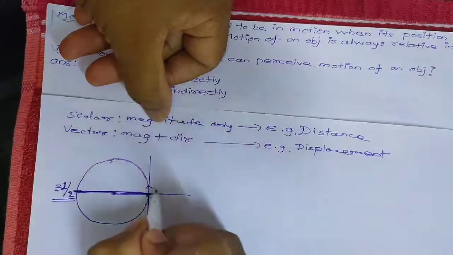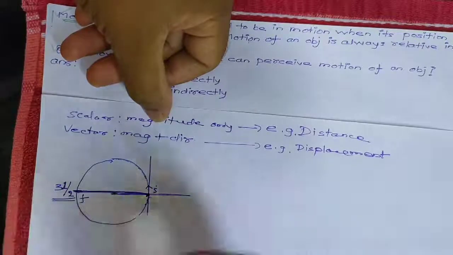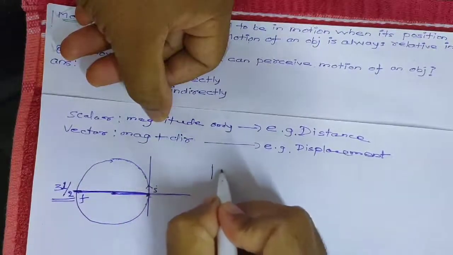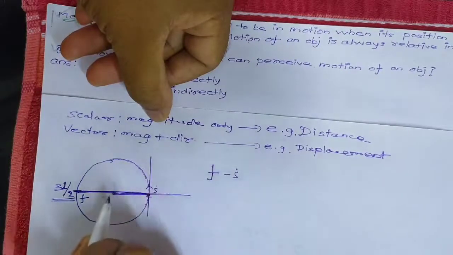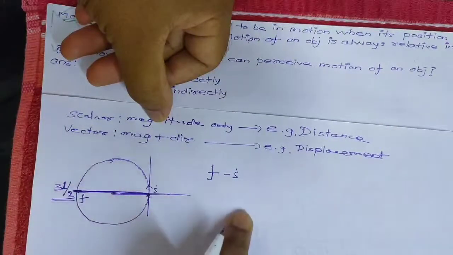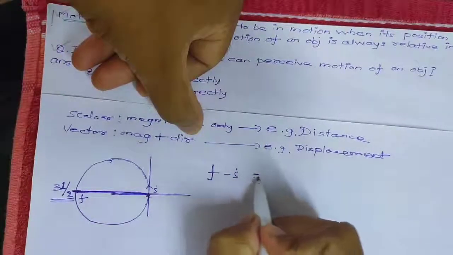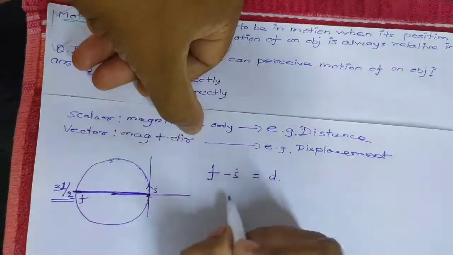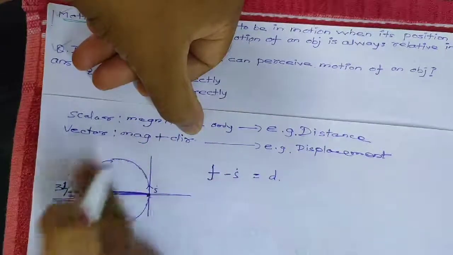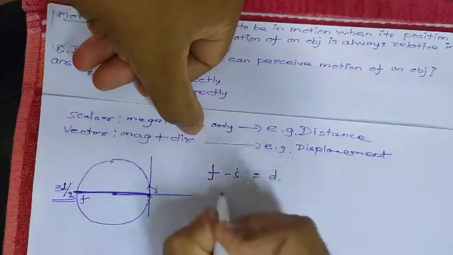Let us denote the initial position as i and the final position as f. So what is the distance between the final position and the initial position? When I say distance, it is the shortest distance I am looking for. So it will be the diameter. And what is the real distance you cover while making 3.5 rounds?